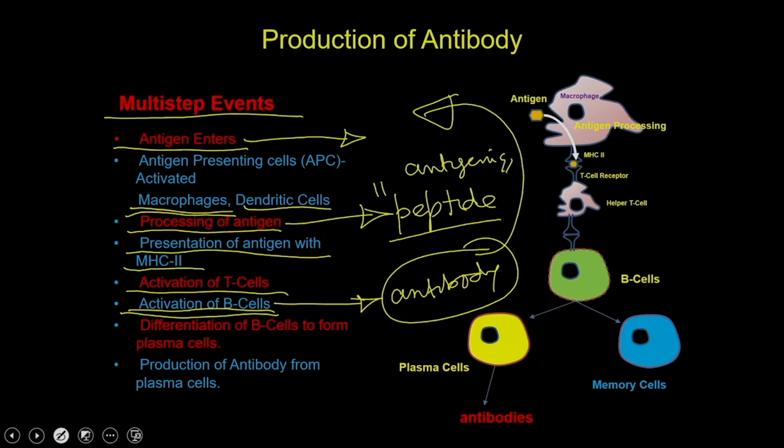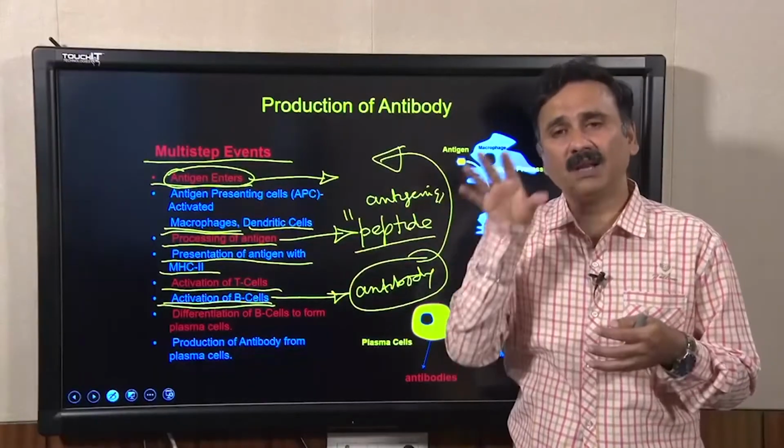So far the antigen is entering into the body, and antigen presenting cells are recognizing the antigens without the help of any tool. For example, if there is a bacteria, the antigen presenting cells are recognizing the bacteria only by the proteins which are present on the bacterial cell wall.